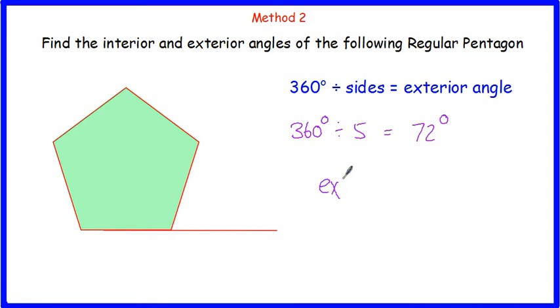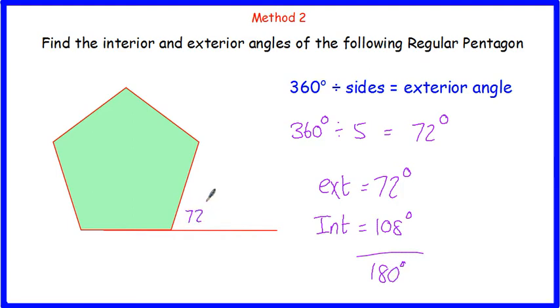So my exterior, my interior must be 108, because that needs to add to 180 degrees. So 72, 108. I think this one's much quicker. And every time I see the word regular, I start the question by writing down that.